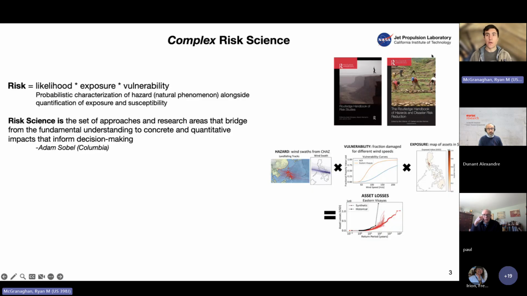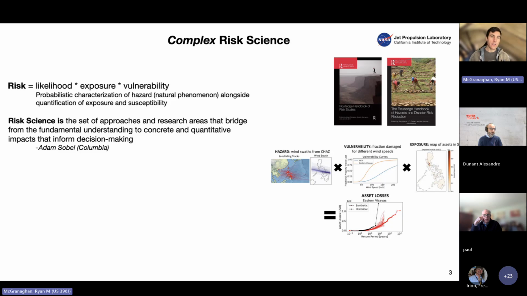So a little primer. We've talked about this in previous seminars, so you can see it on the YouTube channel that I'll share the link to in just a moment. But we're attempting to address complex risk science. So this is combining the idea of risk, which is likelihood, exposure, and vulnerability, which is a probabilistic characterization of a hazard alongside the quantification of the exposure, whatever's in the way of that hazard, and the susceptibility or the vulnerability.